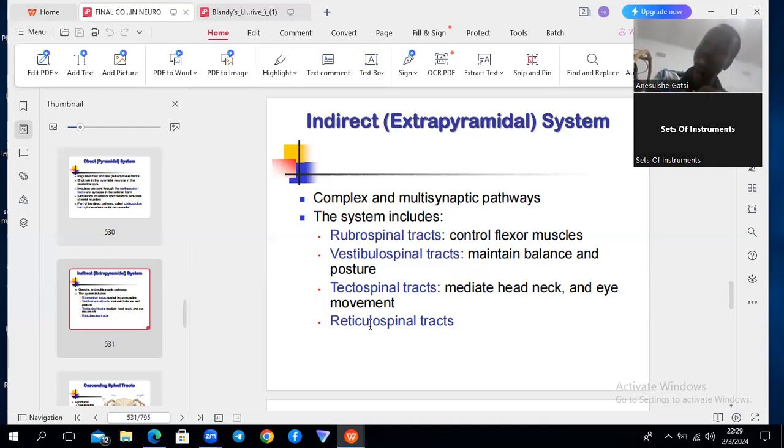So, what's reticulospinal? At some point, you probably got a beating from your parents. Then, as they kept on beating you, you became desensitized to that pain.